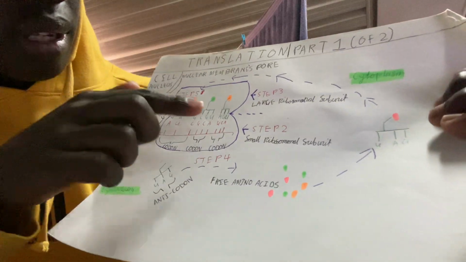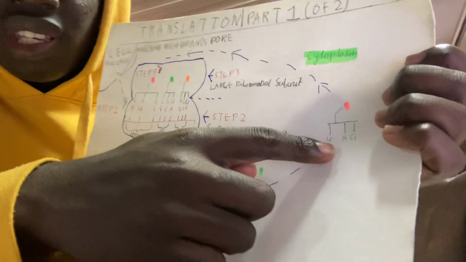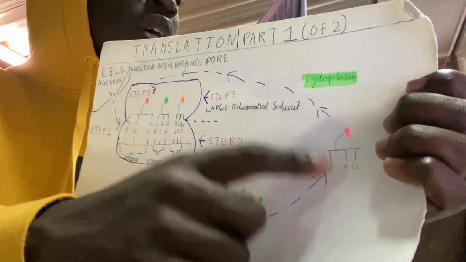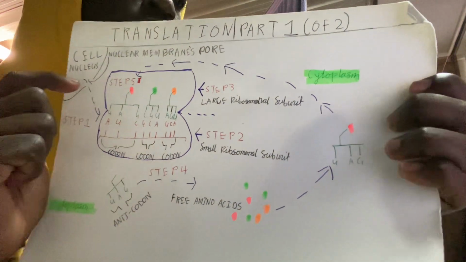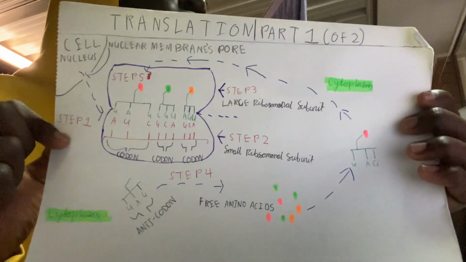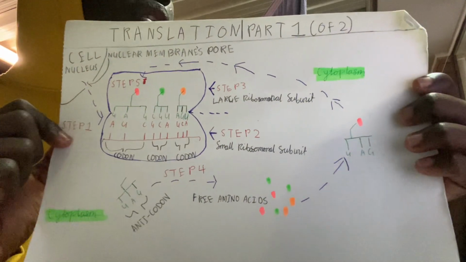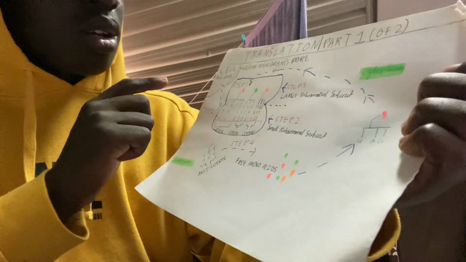So that's what's happening over here. And it binds, and the ribosome checks the mRNA codon so that the tRNA molecules with the right anticodon bind with the right mRNA codon. So it always has to be the right one, otherwise it just does not work.